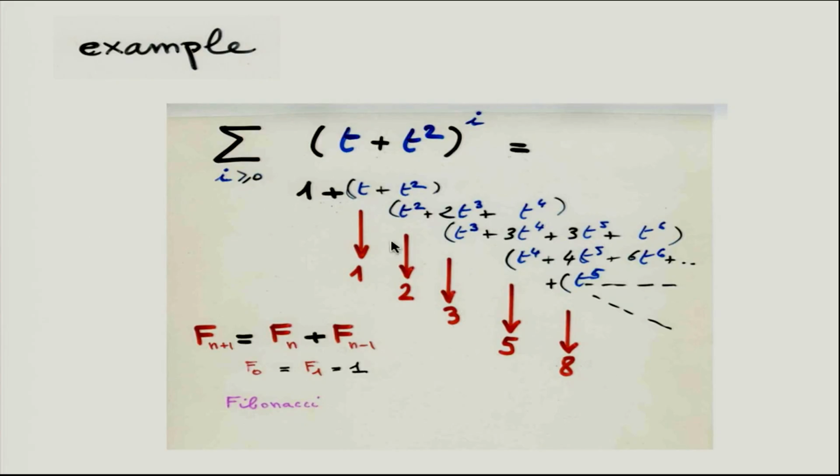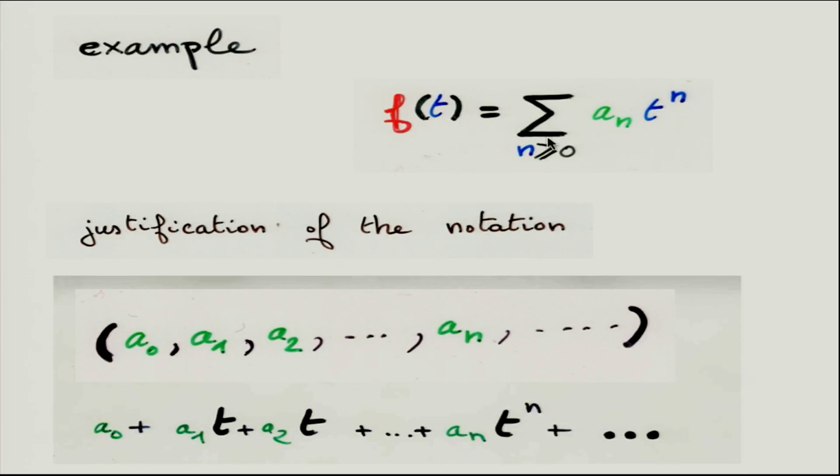So this defines the sum of the Fi. If you take the family An Tn, this family is summable because there is only one for each term Tn, and so this is a justification of the notation. Now this notation, which was just formal, corresponds to the definition of a summable family.